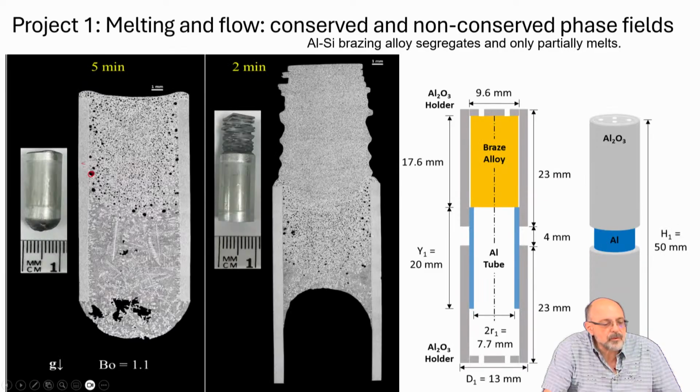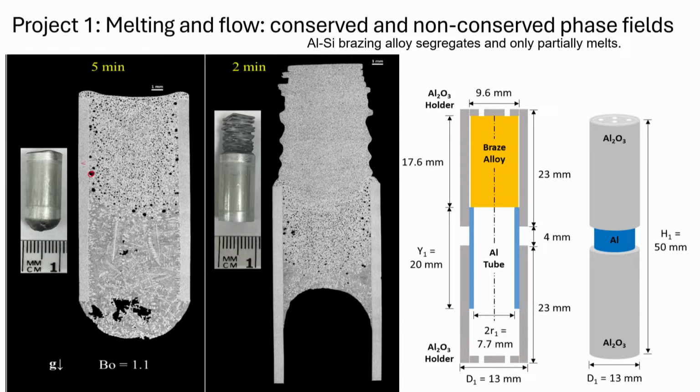Okay, so we started last time one interesting phase field model which dealt with concurrent melting and capillary flow. We have an aluminum silicon alloy which melts partially, where you have a significant amount of silicon.